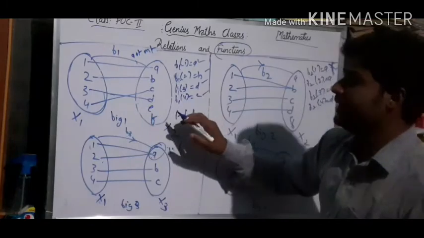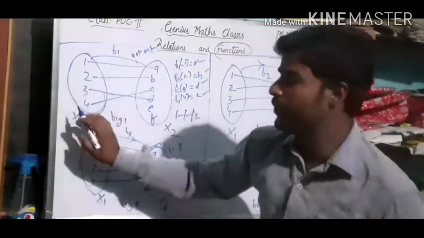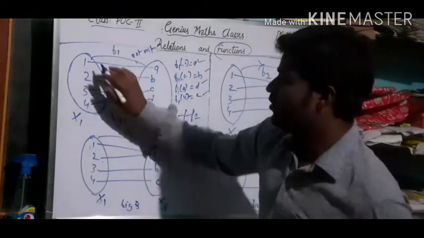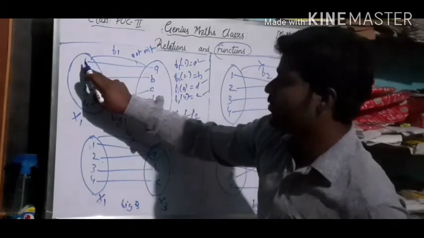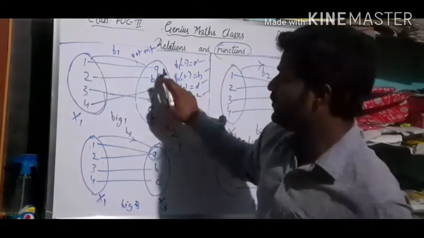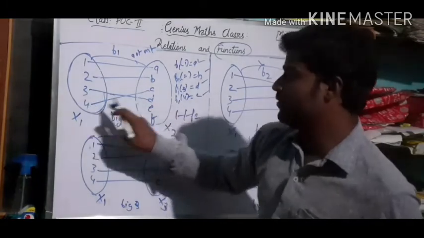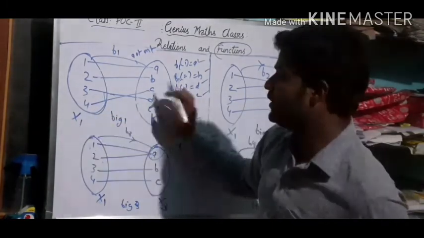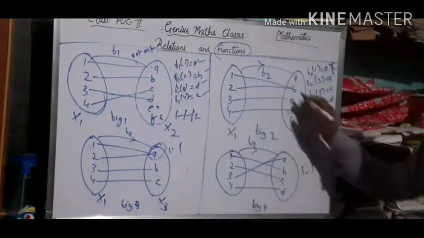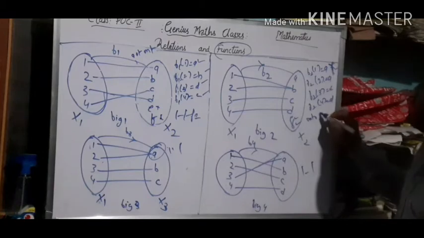What I said is that onto means each element in the codomain must have a pre-image. Here for A you have pre-image 1, for B you have 2, for C you have 3 and for D you have 4, but for E it is empty, there is no pre-image, therefore it is not onto. Observe here, there also they don't have pre-images, so it is not onto.